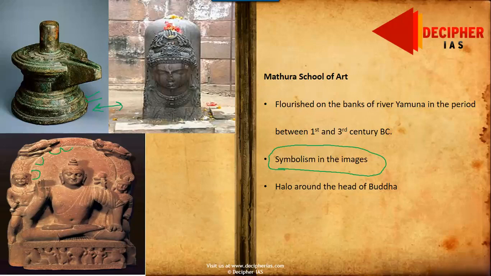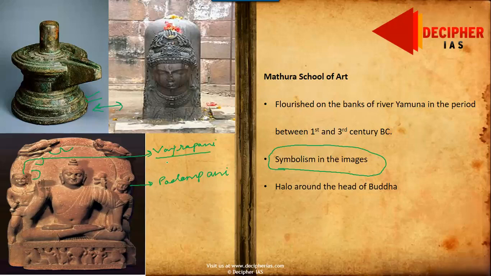Now Buddha is shown surrounded by two bodhisattvas. This is Padampani. I'll tell you why they were named as such. This is Vajrapani.